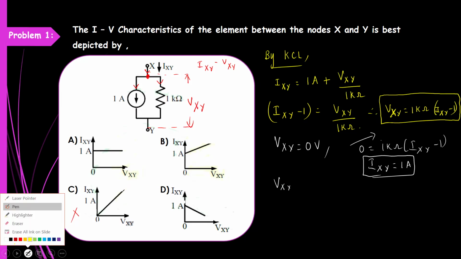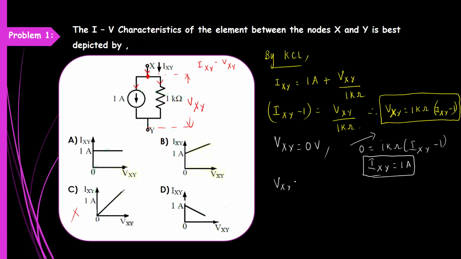Now I am taking VXY equal to 1 kilovolt, because we are having resistance value equal to 1 kilo ohms. So I am applying here in this equation. So 1 kilovolt equal to 1 kilo ohms into (IXY minus 1), and this will get cancelled and it will become 1.